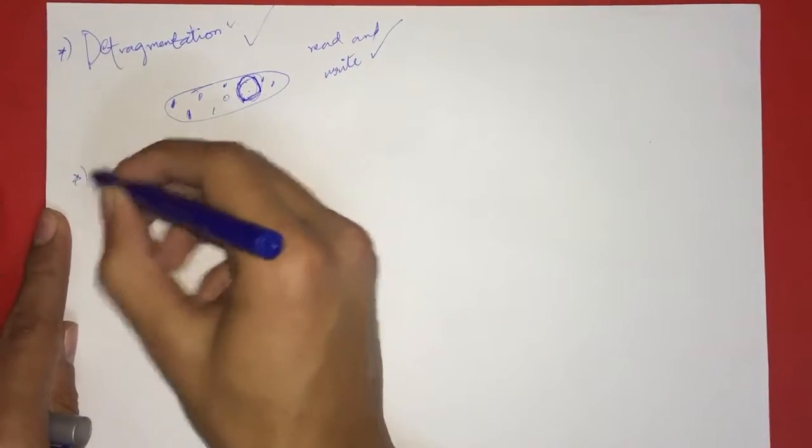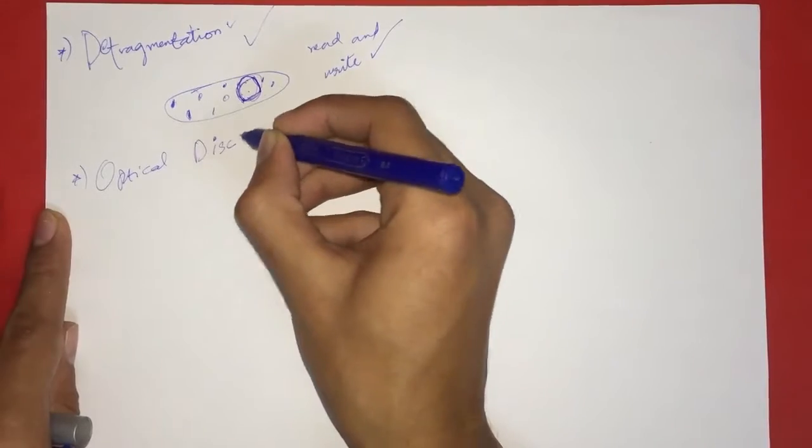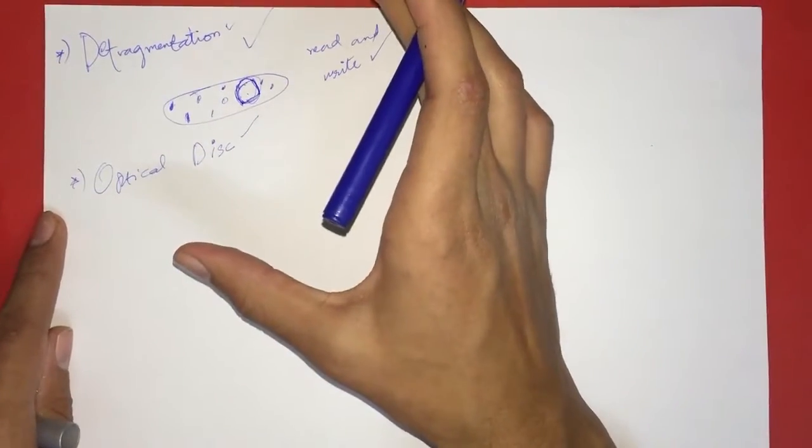Next, we are going to discuss optical disks. Optical disks are disks which you insert in the optical disk drive. So they are plates.